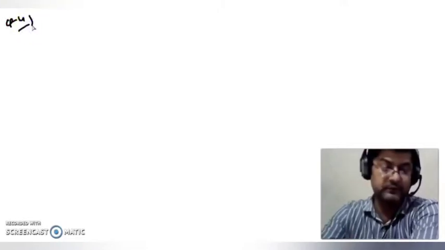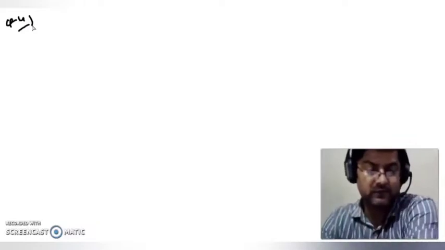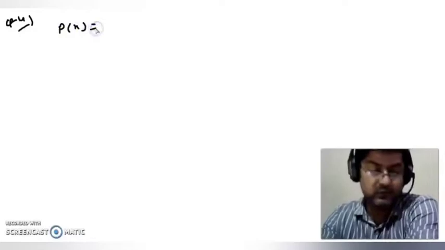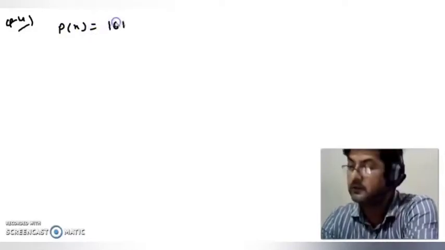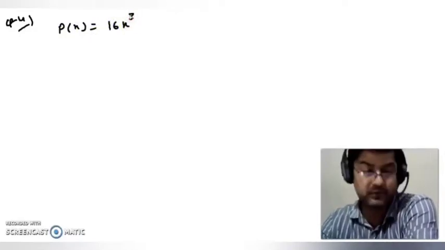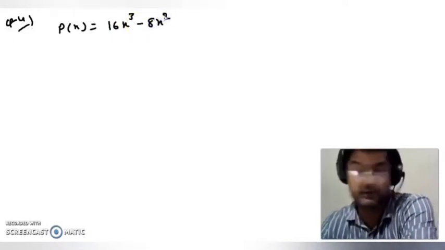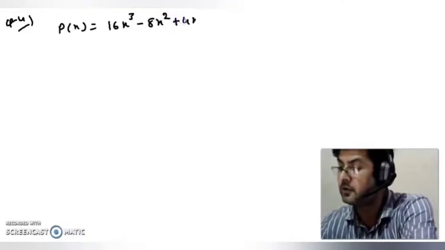Okay, what must be subtracted from? You are given a polynomial 16x cube minus 8x square plus 4x plus 7.